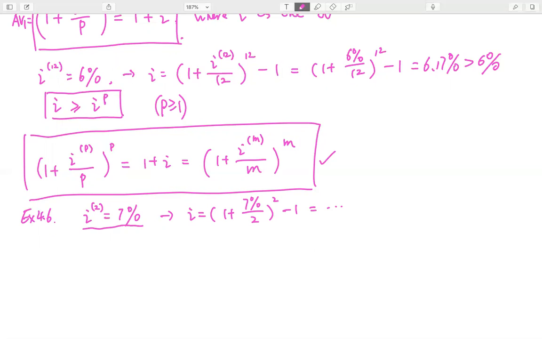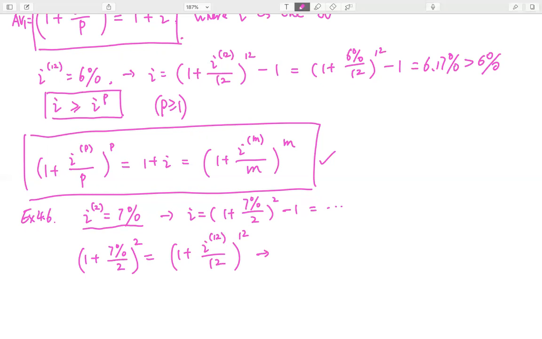And then we want to convert to monthly. Oh, that's easy, because we do the same for 1 year. Let's assume you don't know the formula directly. So we establish an equation: I upper 12 divided by 12, raised to the power of 12. We are trying to solve this, right?